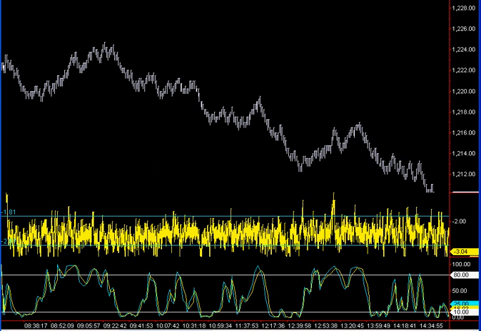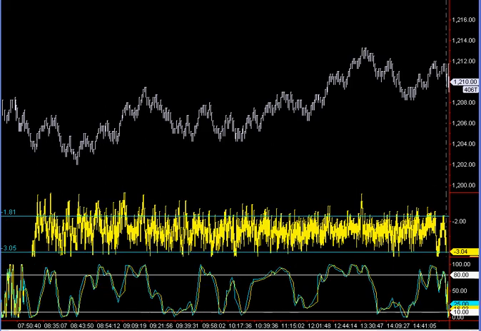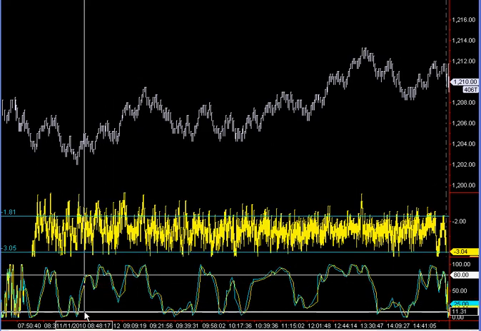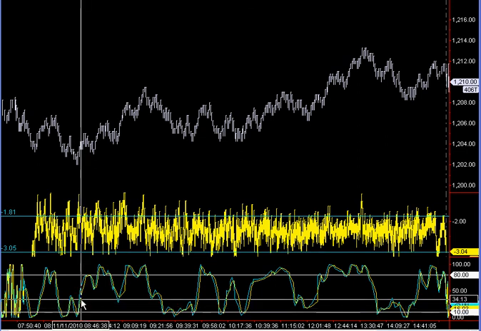Let's take a look at opportunities for buy signals. Now watch as we identify these opportunities where the overall trend is up and so is the stochastic on the faster tick interval.